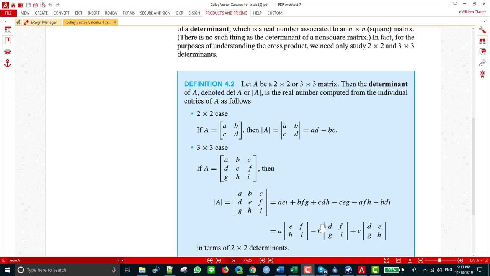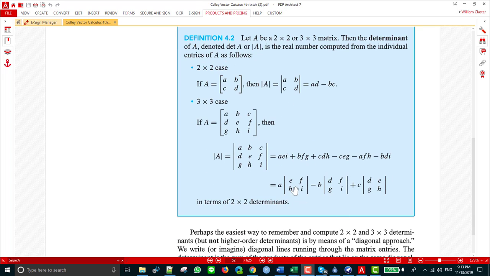And then C, you only include this stuff, so it's DG and EH. Now we know how to do this, this, and this because we just explained how you do it. So now we can work this out and get an answer, and I guess this is what you get if you do that.